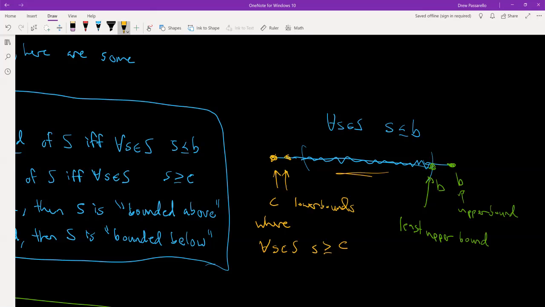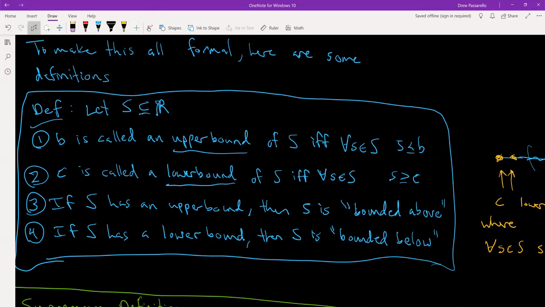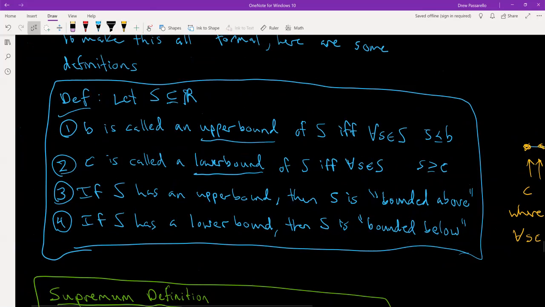And then we say if the set S has an upper bound, then it's bounded above. And if the set has a lower bound, then it's bounded below. All right, so that's just upper bound and lower bound.